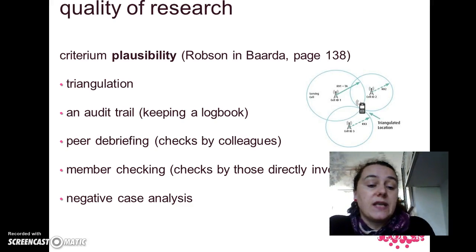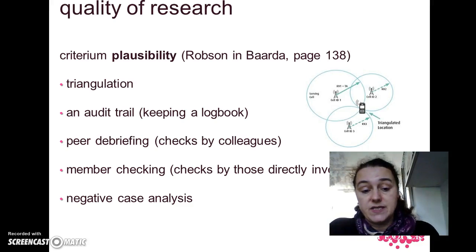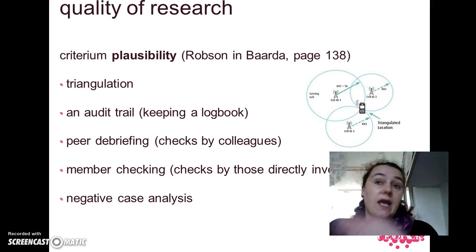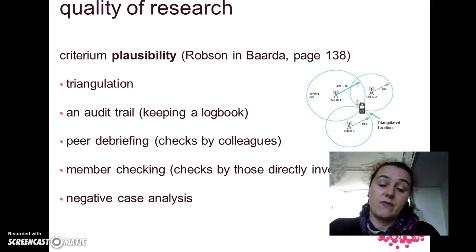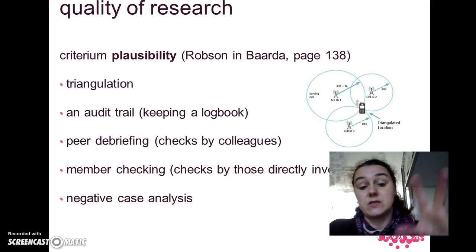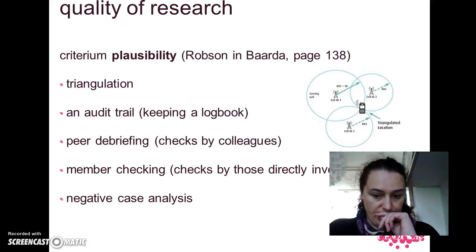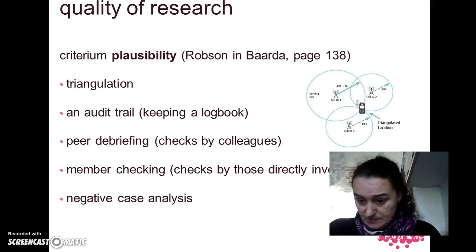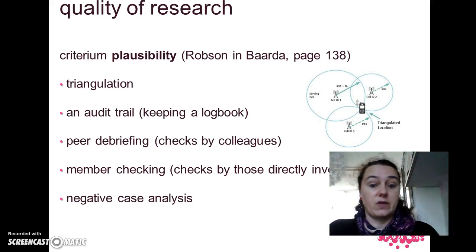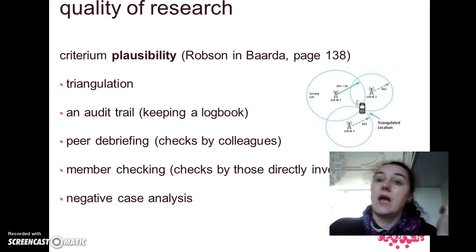Another important aspect is peer debriefing. Checks by colleagues, so your colleague investigators, they have also been going through the same type of data, or you go with colleagues a bit farther away that are not involved in your research but that do have research experience. They might give you a different perspective, or very often we talk about our research and they say, have you looked at that?